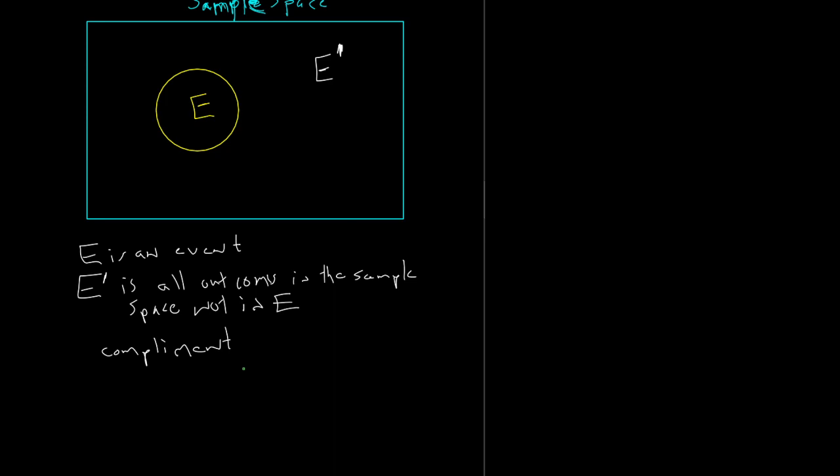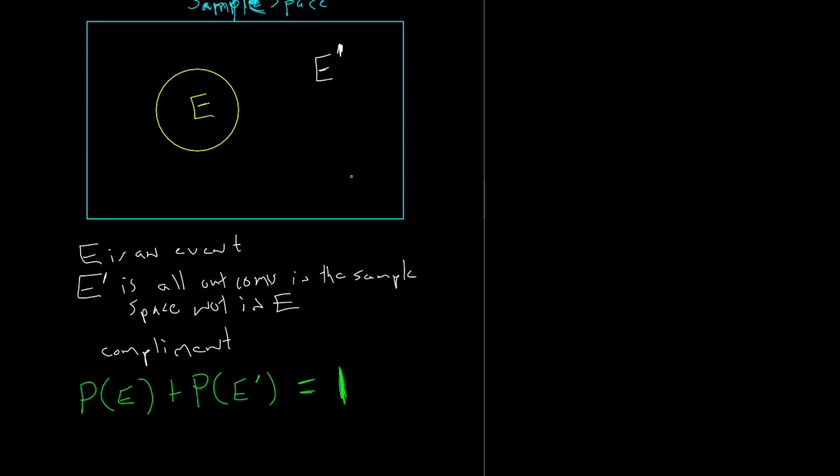Okay, what can we get from this? Well, it begins our mathematics for us. Because if I say the probability of picking something in E plus the probability of picking something in its complement, well, that's 100%. Right? If all my possible outcomes are here, what is my chance of picking either in E or out of E?